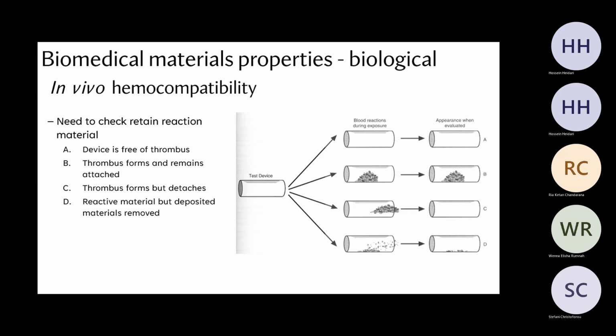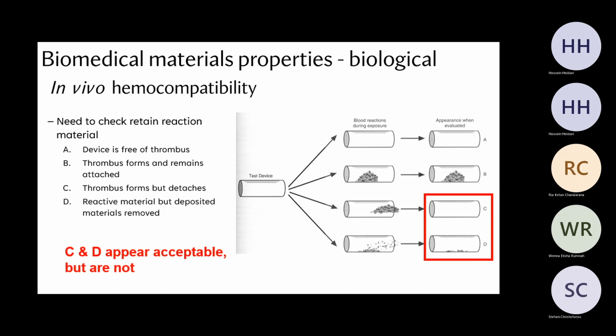Now, this may not cause the pig to die in this experiment, and unfortunately, they do back-to-back experiments. So 5 hours later, that pig is going to be used for another study. And then you don't know whether this effect came from the previous study or not. And that's really the common practice right now. So these 2 scenarios down here, C and D, tell you that the material is biocompatible, right?